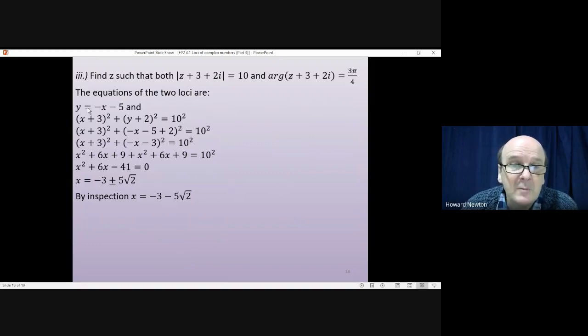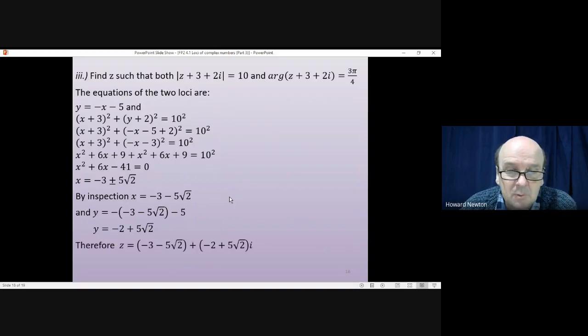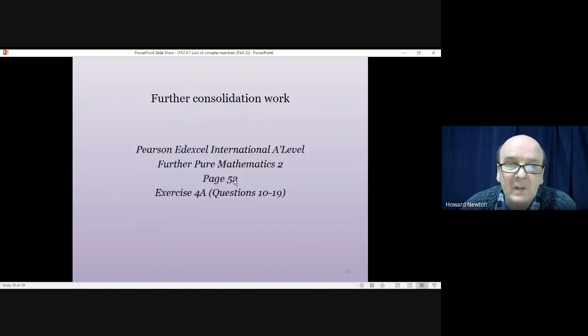To find y, we just substitute that into there, which gives us that. And tidying that up gives us y equals minus 2 minus 5 root 2. So the answer is z equals minus 3 minus 5 root 2 plus minus 2 plus 5 root 2 times i.